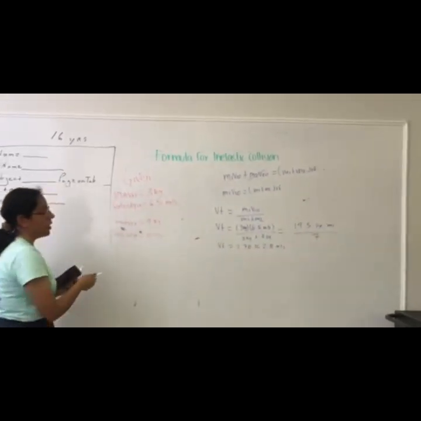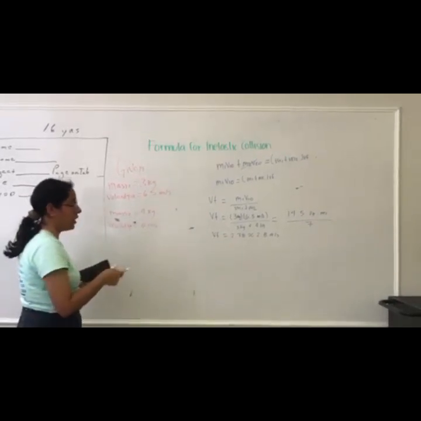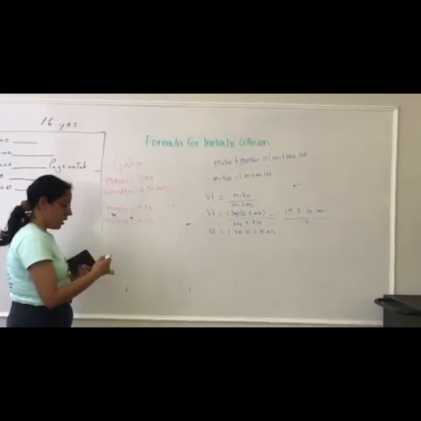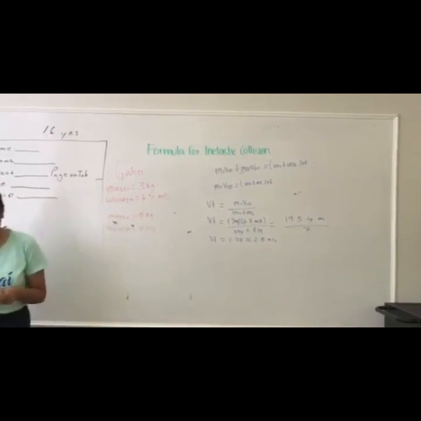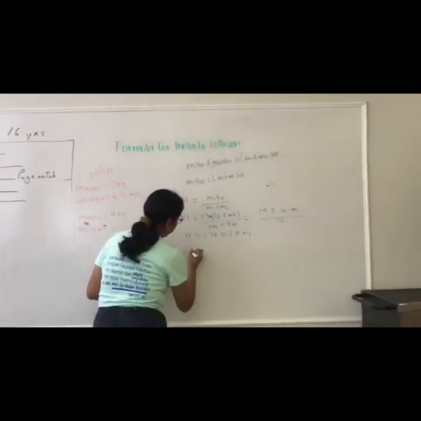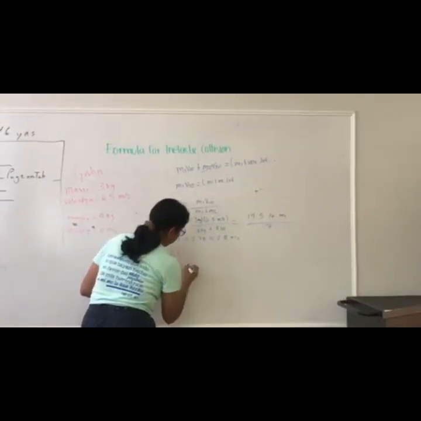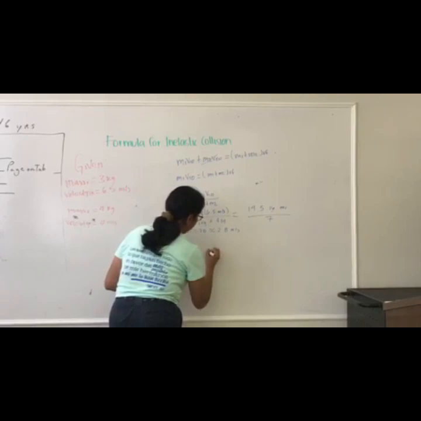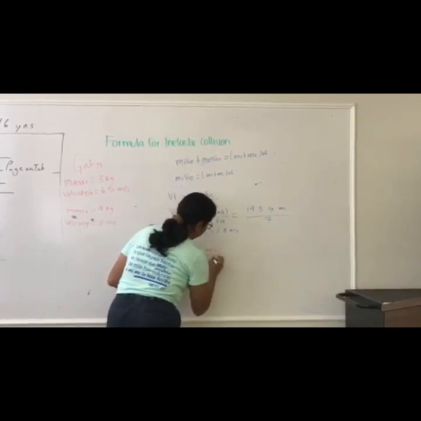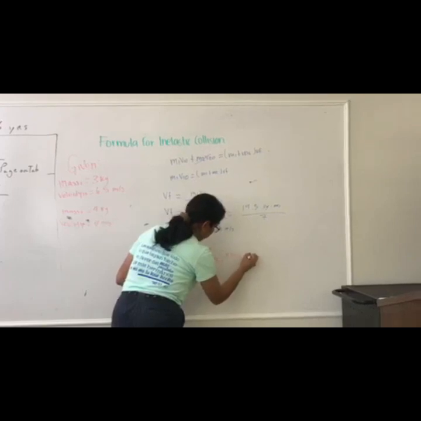Letter B asks us for the kinetic energy, and we can calculate it with kinetic final over initial, which is equal to m1 over m1 plus m2 times 100%.